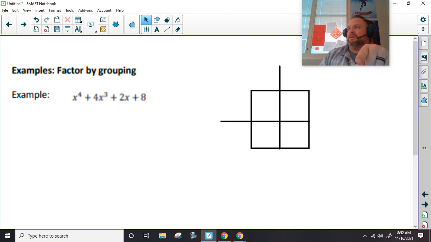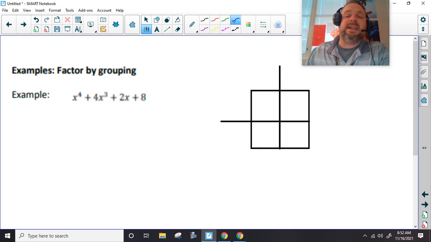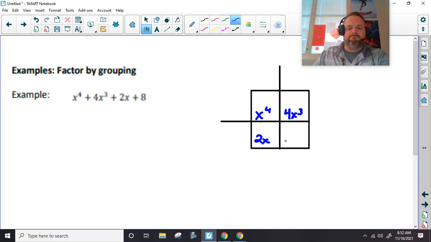It seems to be less steps. So this is what I'm going to do. I'm going to write each term in one of these boxes, like this.